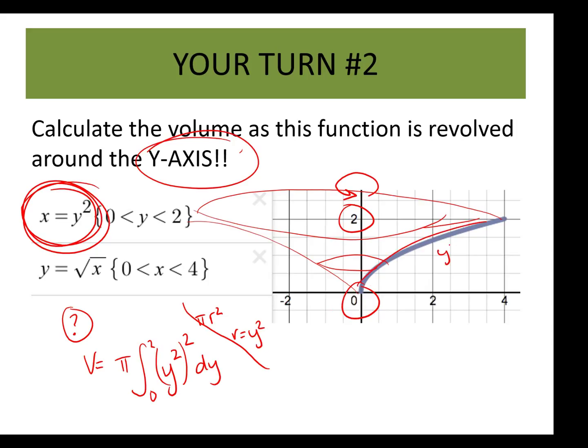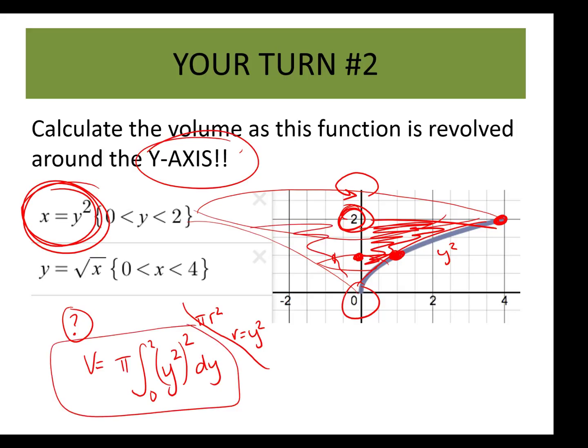This is y squared, which makes sense if you think about it. y equals 2, 2 squared is 4, y equals 1, 1 squared is 1, so that's the right equation, and this whole area is rotated around on this side now. So that is your integral that would give you the volume.